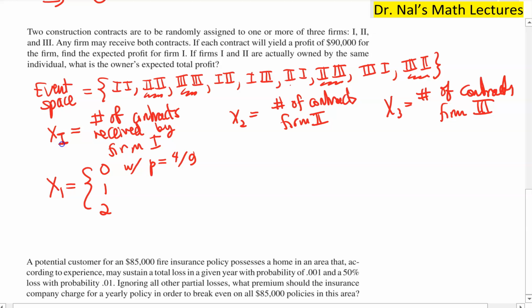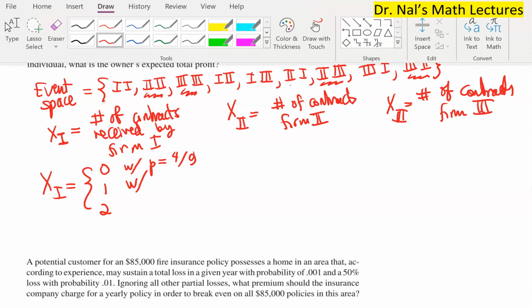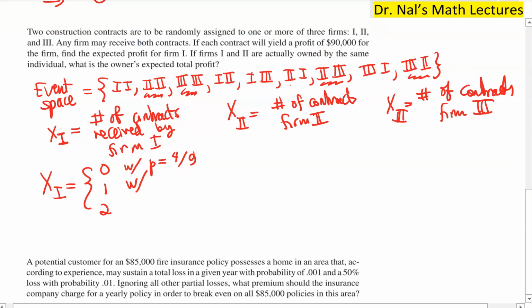Actually, let's also write these Roman numerals, right? There you go. How about one contract? Among all these, how many of them, well, this one is a 2 contract, not that one. So that's 1, 2, 3, 4 of them with probability 4/9.